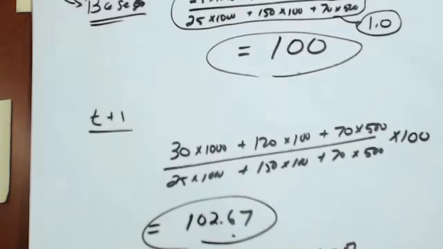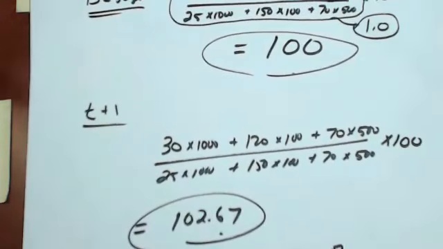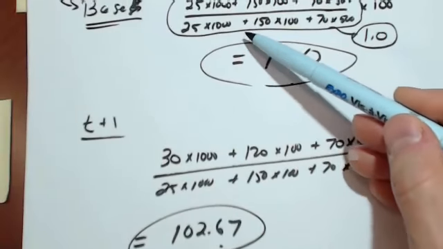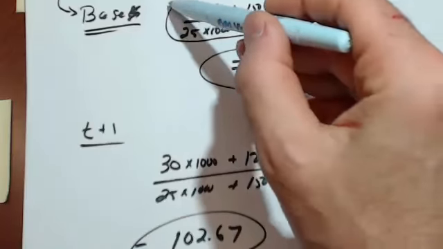Then we looked at a value-weighted index, and we saw that the value-weighted index increased. The value-weighted index went up a bit. Why did it go up? Because the stock with the highest capitalization increased.